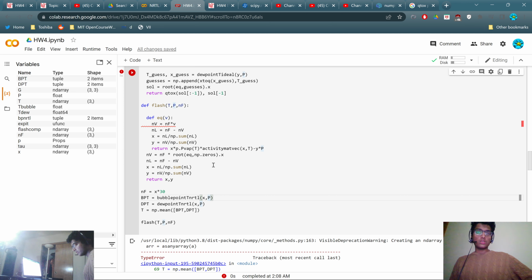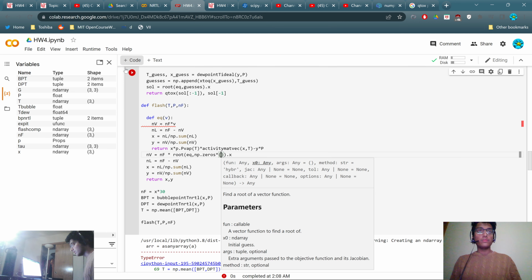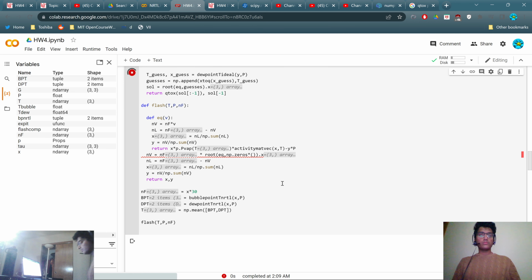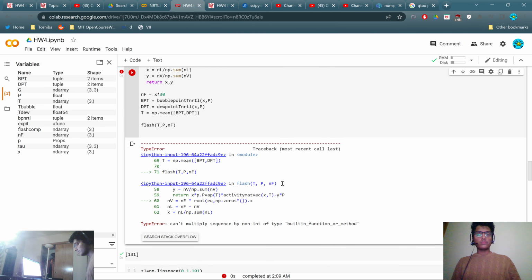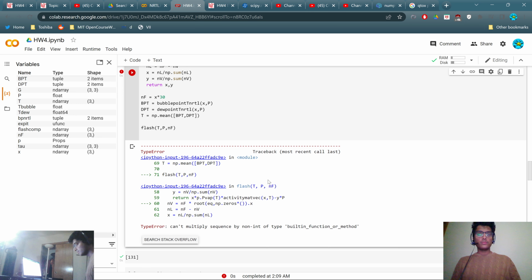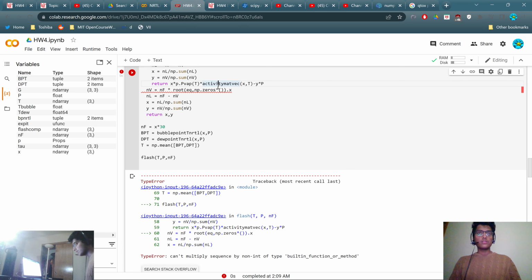For a function. Oh, it's just np zeros. It's not doing anything. I need to call the function. There you go. Hmm. Oh, there shouldn't be an asterisk there. Dang, there's an error that I purposely included, but now I'm just getting errors.